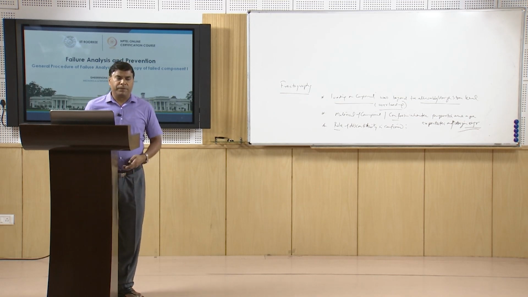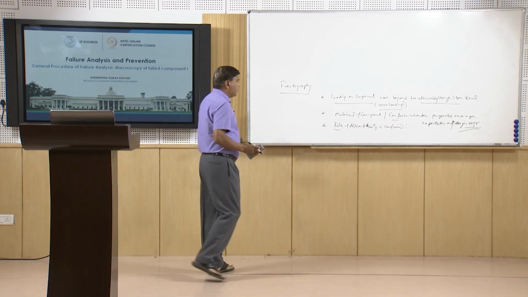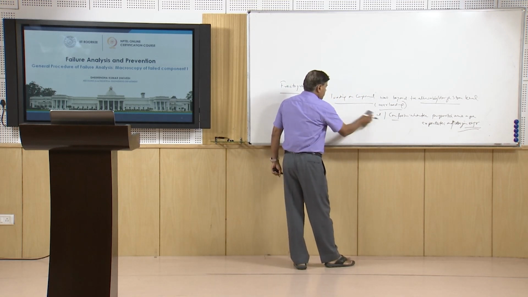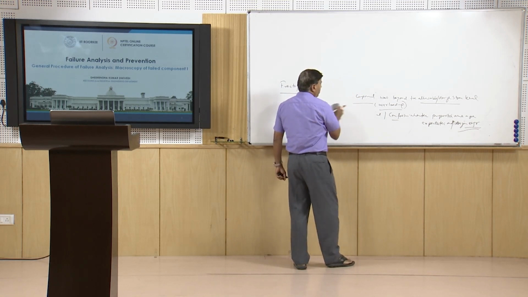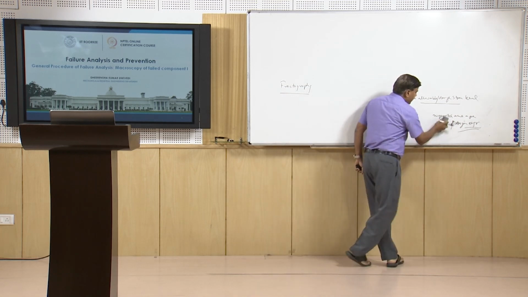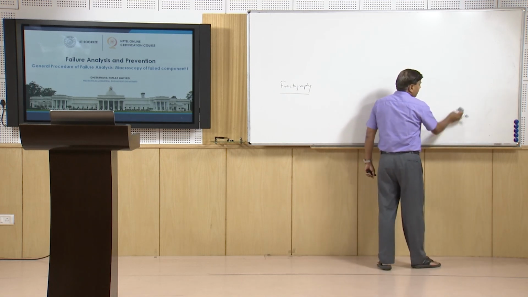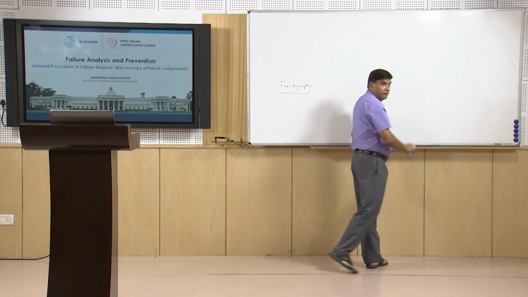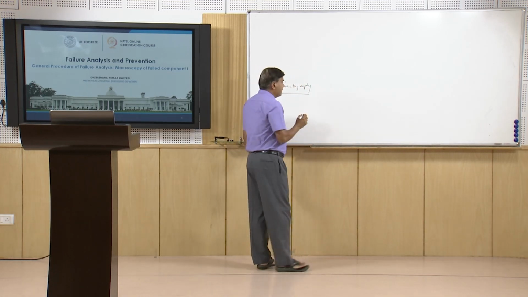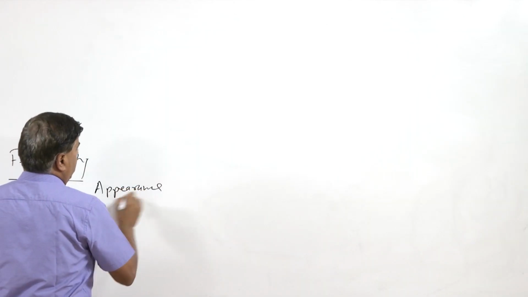Now, if the fracture has taken place, how do we group or categorize these fractures? Based on the appearance, that is, on macroscopic observation, the fractures are grouped into 4 or 5 types. There are 5 types of fractures based on the appearance of the failed component.